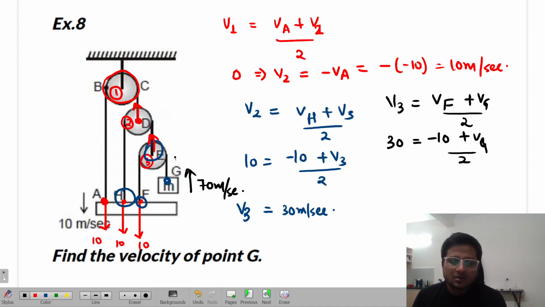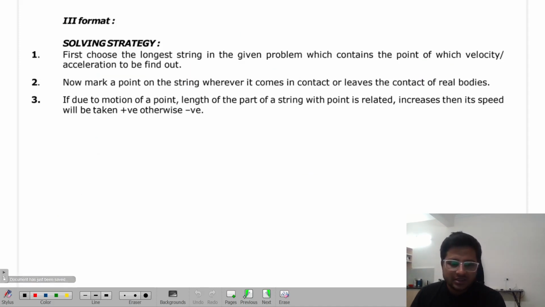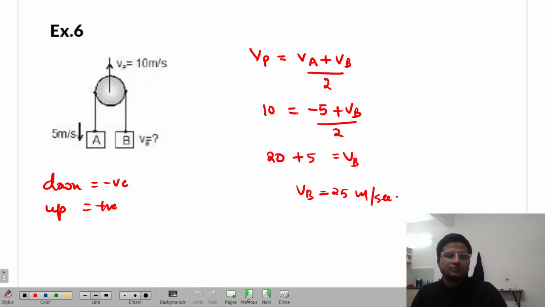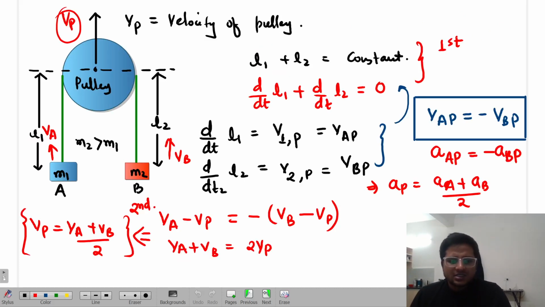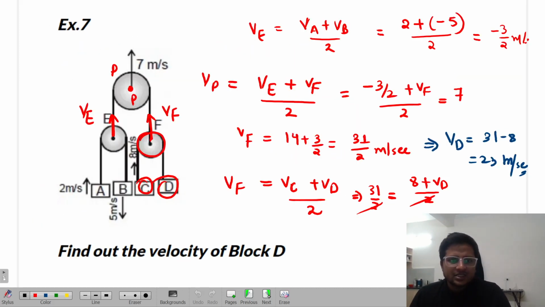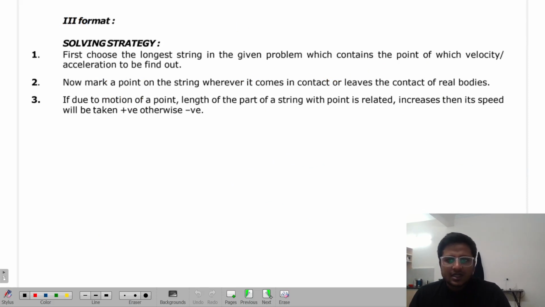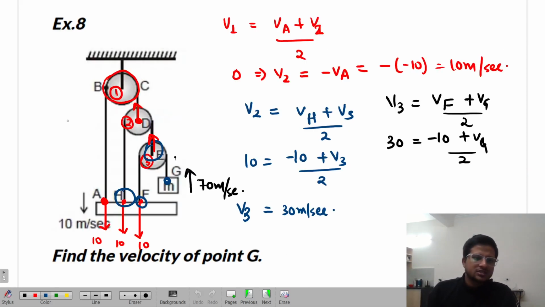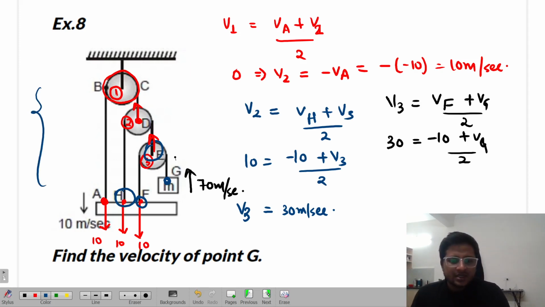Okay, let us see what's next. So next is the third format. We did two formats, but the third format has a special case. The question is that I can have many threads, many pulleys. If I go with many threads and many pulleys, so many equations will appear and so much time can be taken, isn't it?